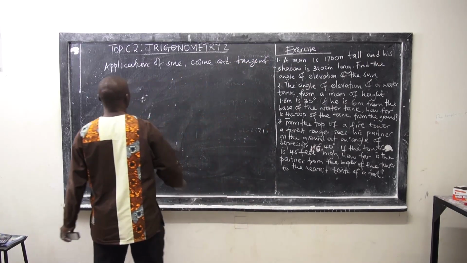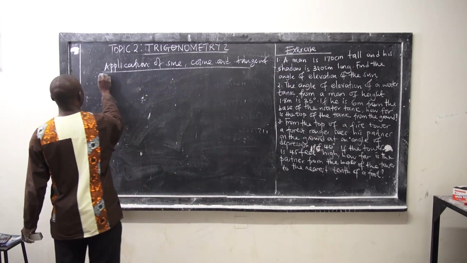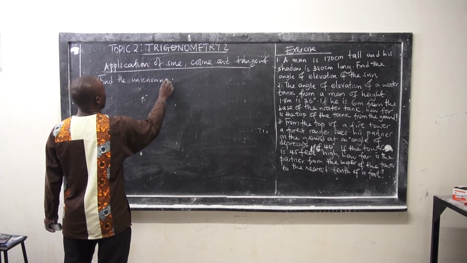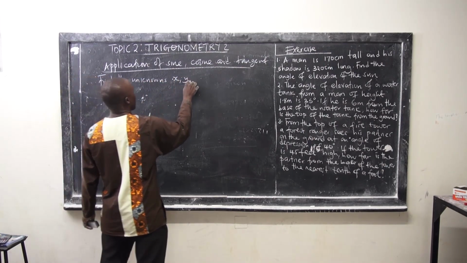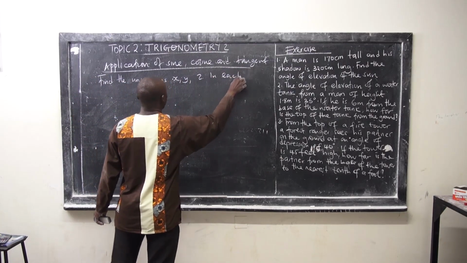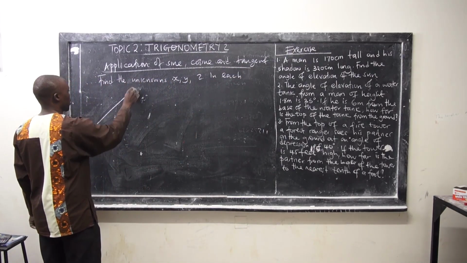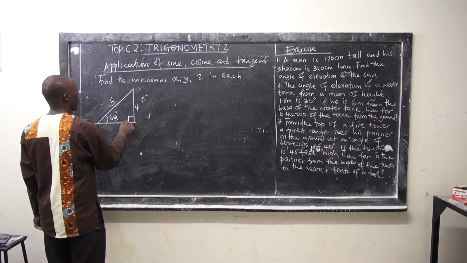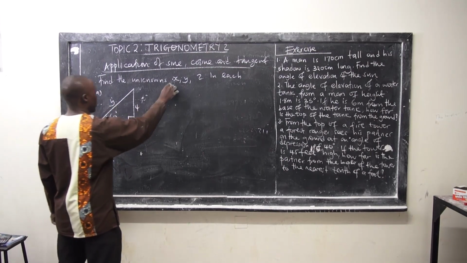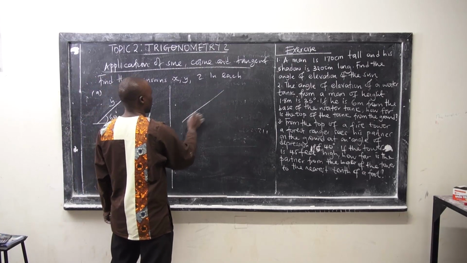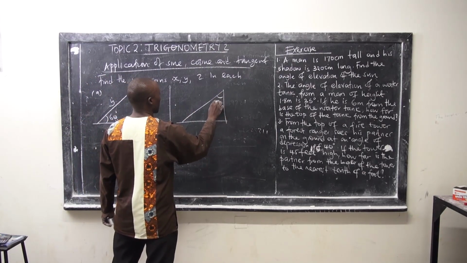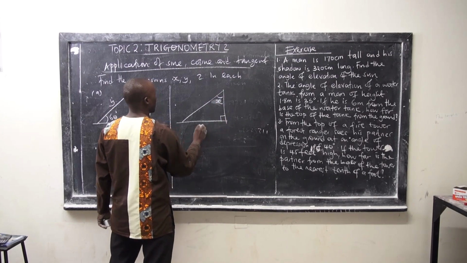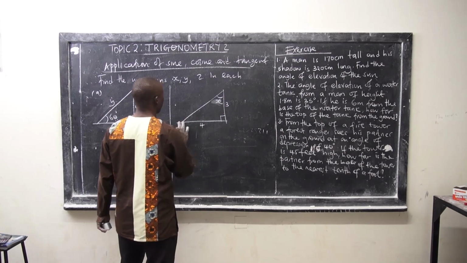We are applying them to find the unknowns x, y, z in each, and we have a triangle like this. If this angle is 60, this is y, and this is 4. So it's our triangle A. We can have this as x, and that is 4, 3.